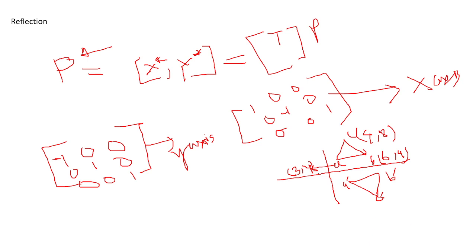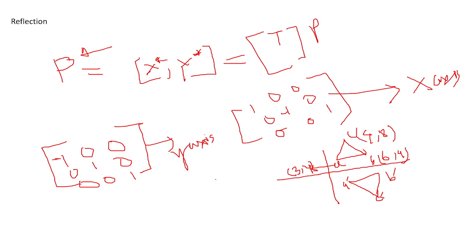From the figure itself you can see how it gets mirrored from that triangle to this position. So with 3 comma 4, A point is reflected about the x-axis, right? Yes, ma'am. And then B point is reflected about the x-axis, right? And C point is also reflected about the x-axis.